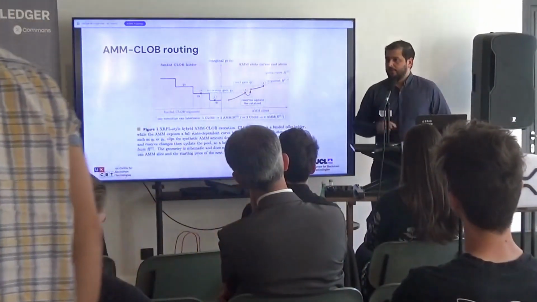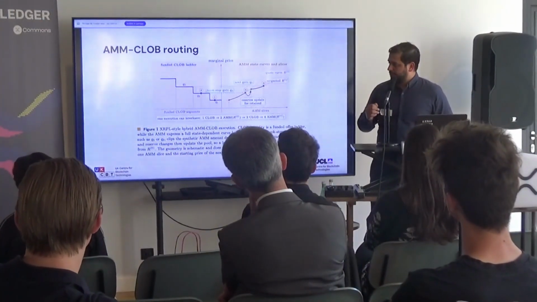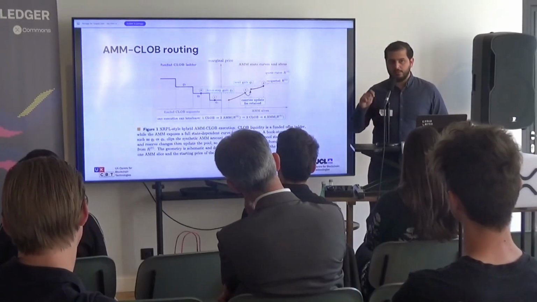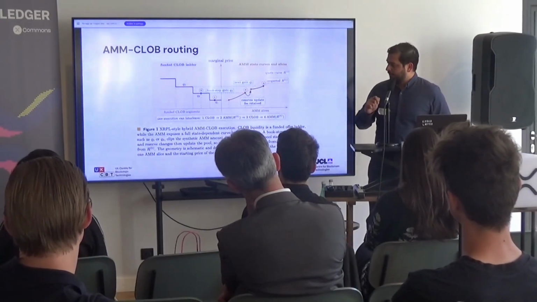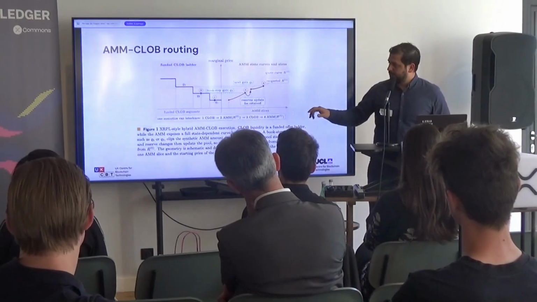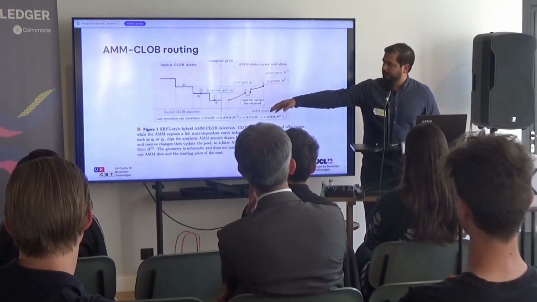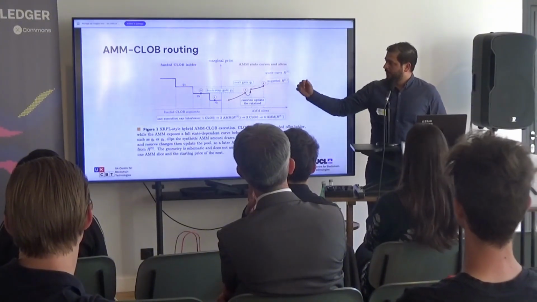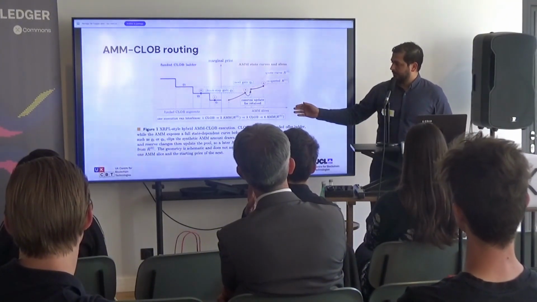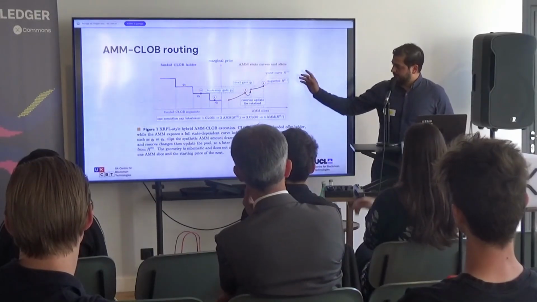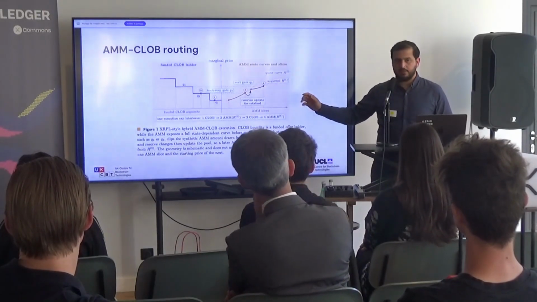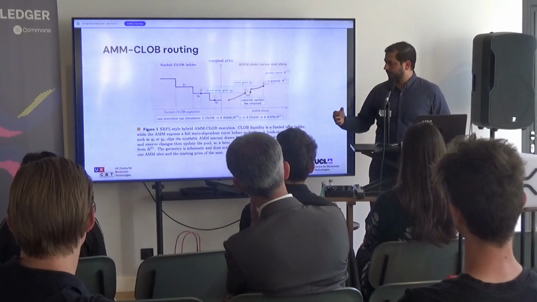Right, and now bringing all this together, this is how it looks in the XRP ledger. When you execute a trade, you have both systems, and depending on which one is better in terms of pricing, you will end up executing either on the limited order book or on the automated market maker side. There are some things we are emphasizing here as part of our findings.